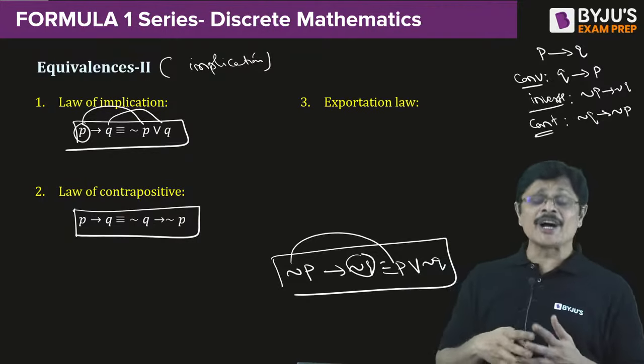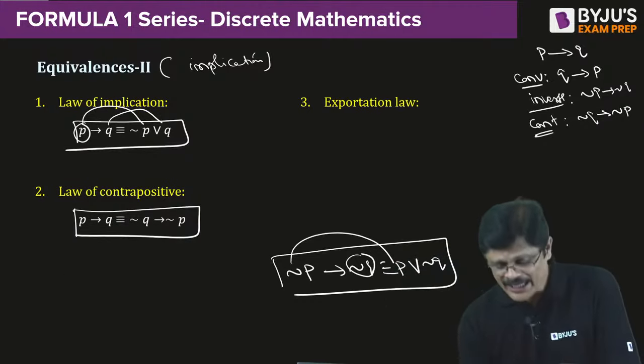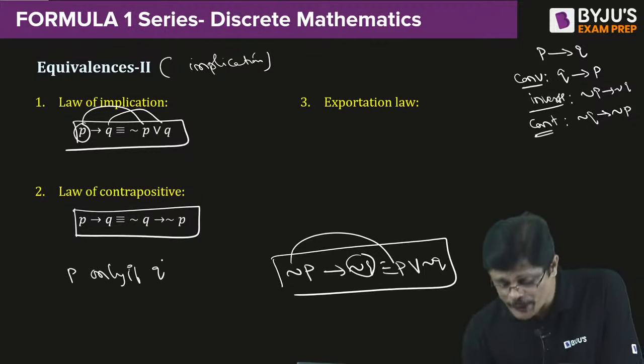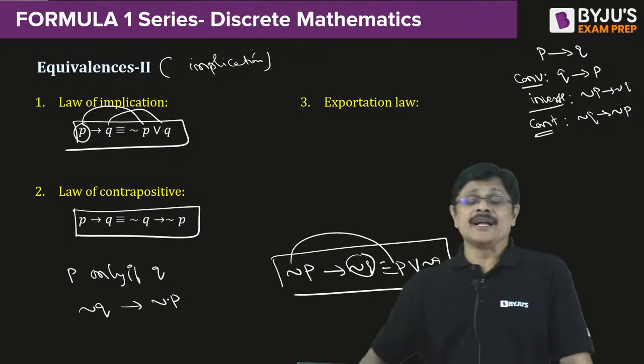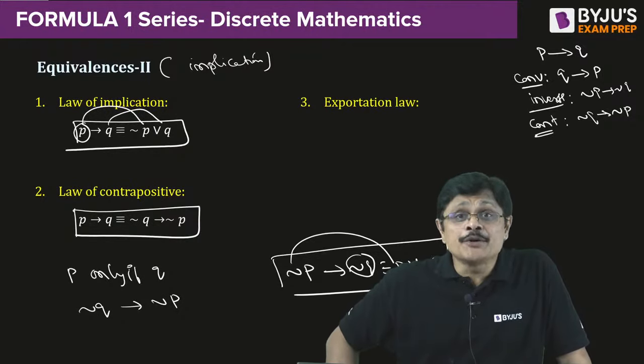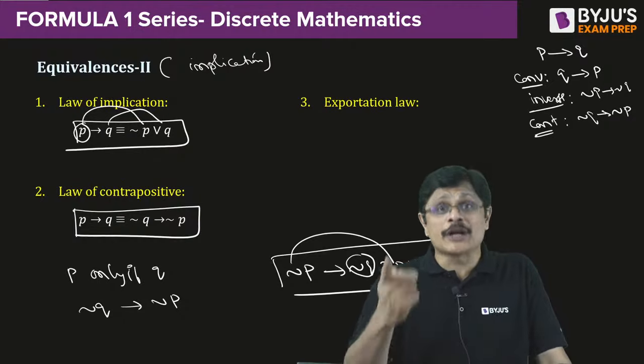Now what the law of contrapositive says is that the implication and its contrapositive are one and the same. Earlier I gave one statement, you remember, P only if Q. Generally we use it in the sense of negation Q implies negation P. For example, I will continue only if you respond.